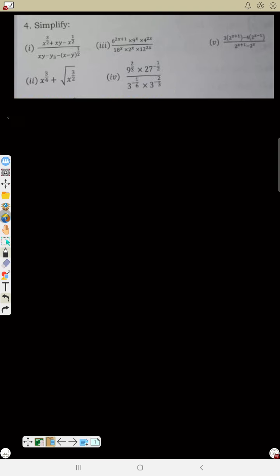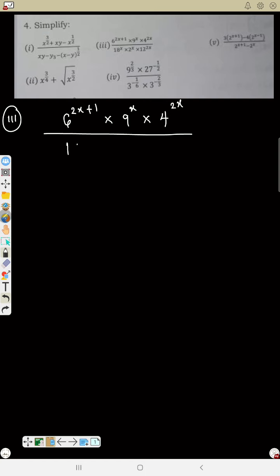So 6 raised to power 2x plus 1 times 9 raised to power s times 4 raised to power 2x, everything over 18 raised to power x times 2 raised to power x times 12 raised to power 2x.